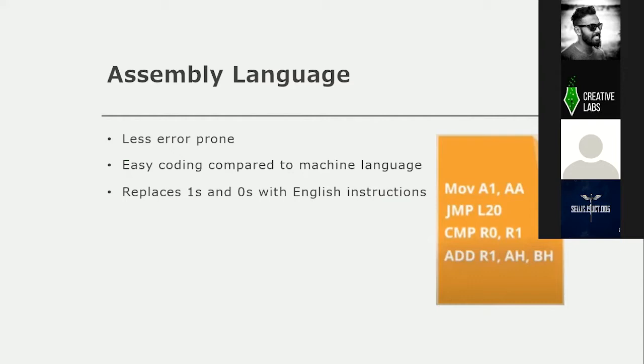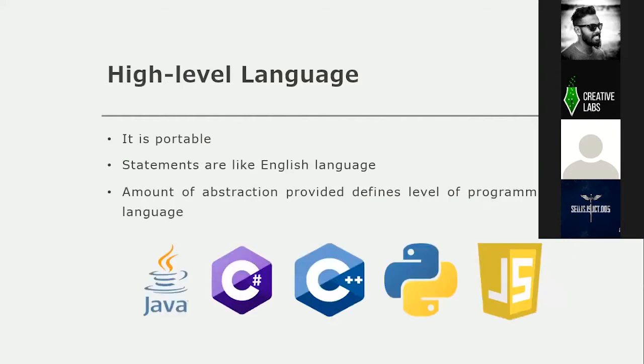So that is the second stage of programming languages, and then it comes to the high level languages, which we use now. These are the languages we use in the current trend. It is portable, we can write it anywhere and just plug it in, and we can do some modifications.